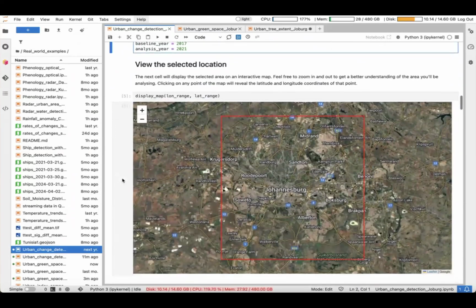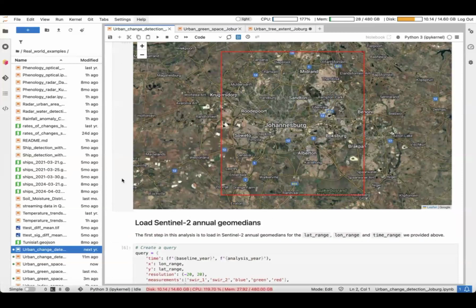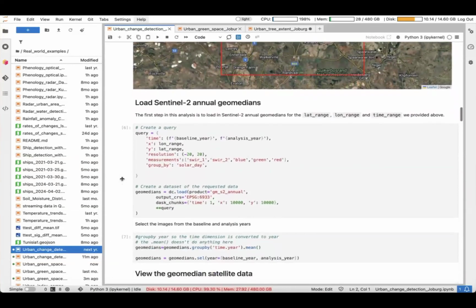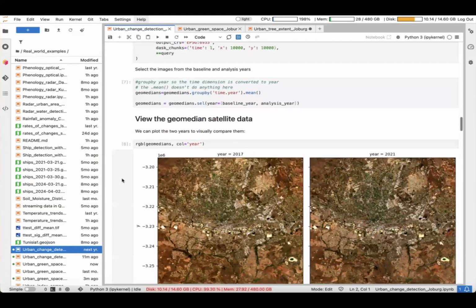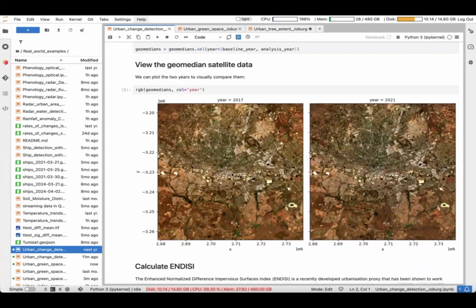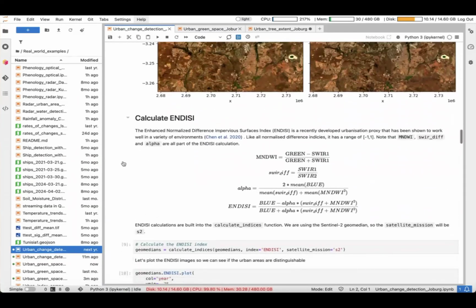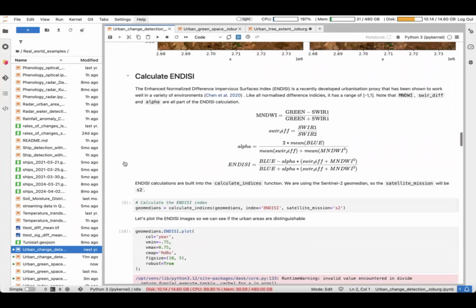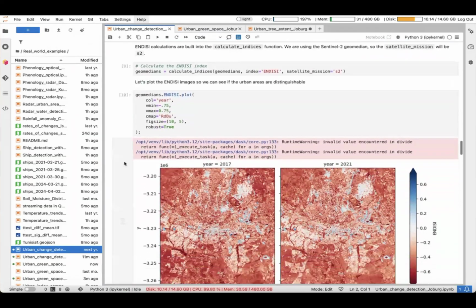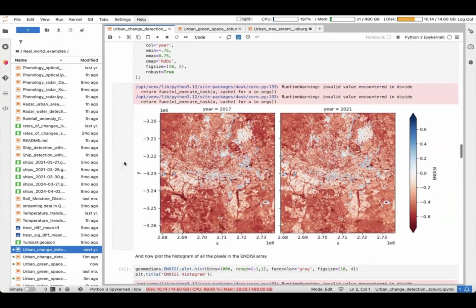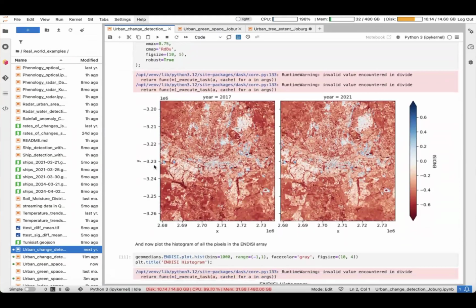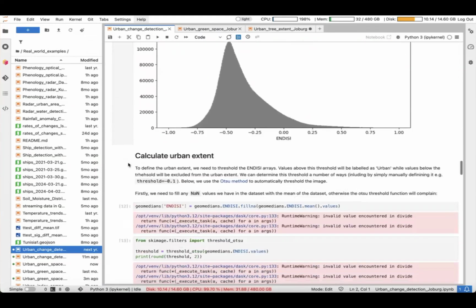So this is an example of Johannesburg, looking at the year 2017 all through 2021. We could also do the same all through the year 2022, and it gives you an idea of what has happened in the last 5 years, looking at the growth of the city and the Enhanced Normalized Difference Impervious Surfaces index. We're able to see the changes, some of the areas which have actually grown around the suburbs, especially.